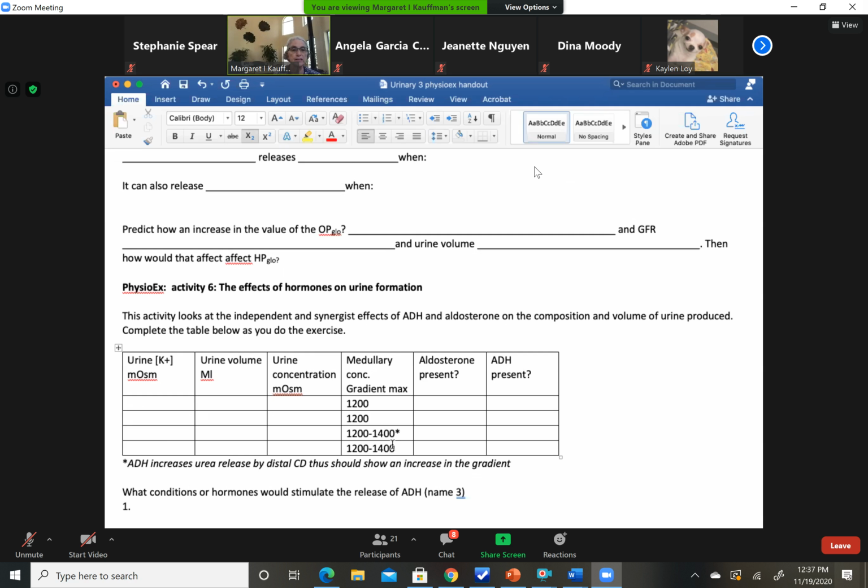The gradient is getting steeper in the medulla, and urine volume drops precipitously. And then if you have both of them present at the bottom here, you again see some increase in potassium, not huge, but some. That's probably the part secreted. And then you see urine volume drop, and again, the concentration is pretty high.